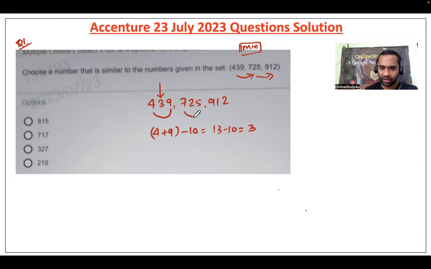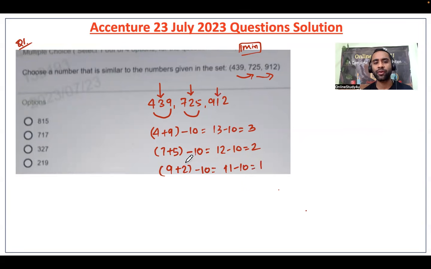Same logic here. Add 7 plus 5, the first and third number, and subtract 10 from it. So 12 minus 10 is 2, and that is your middle number. Then 9 plus 2 is 11, subtract 10 from it, so you get 1, and 1 is the middle number, right? Now apply the same logic to the options. 8 plus 5 is 13, and 13 minus 10 is 3.